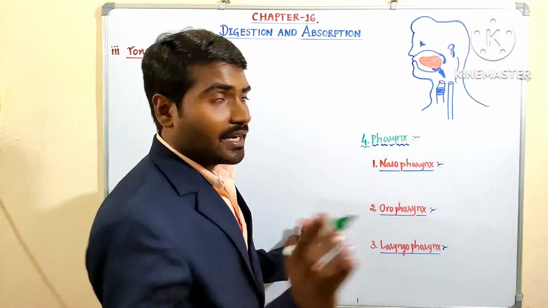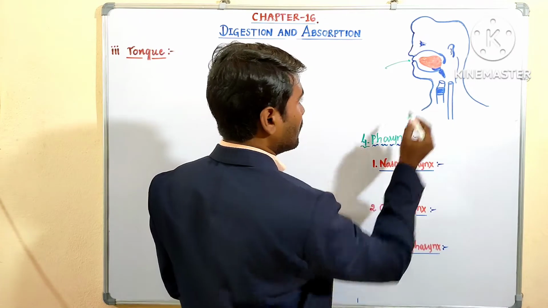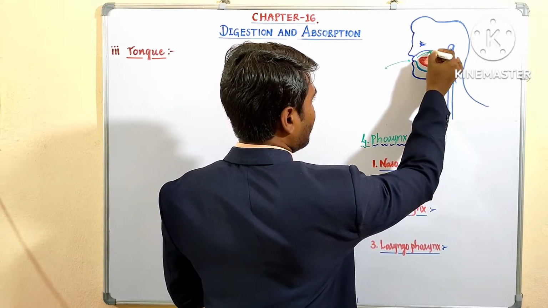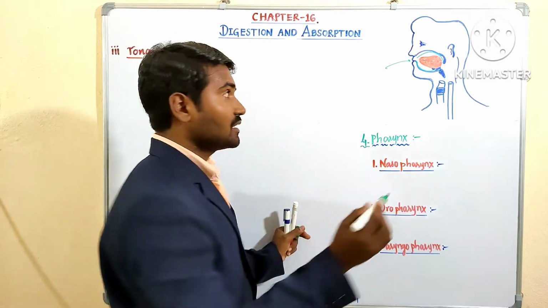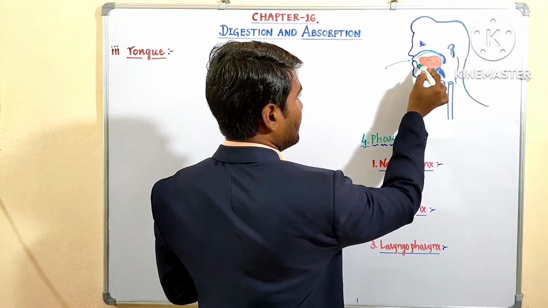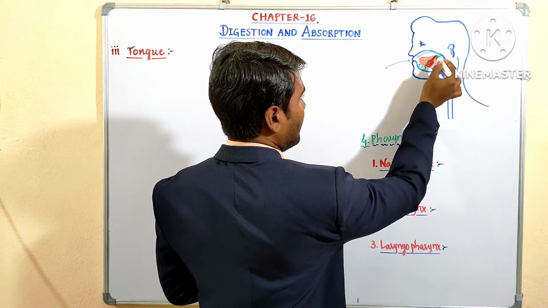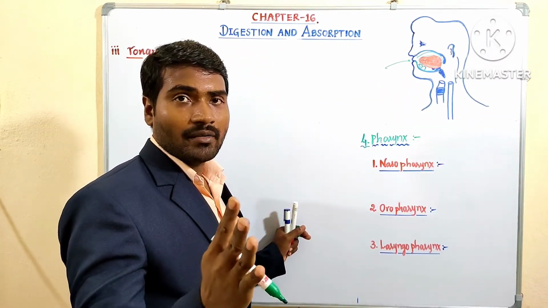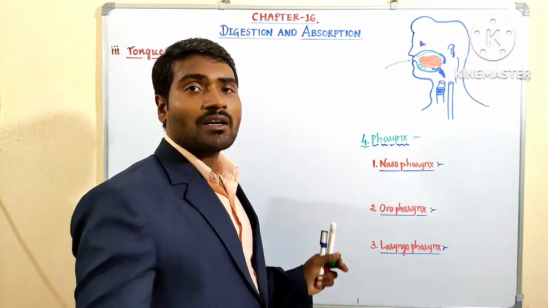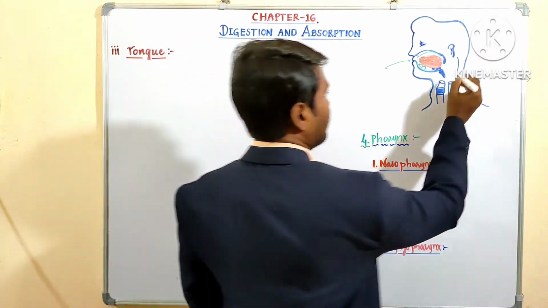Till now we have completed the entry point, the mouth, and the large area called the buccal cavity or oral cavity. In the oral cavity we have discussed the palate, teeth, different types of teeth, and tongue. Now we will go to the next part of the alimentary canal, that is the pharynx.